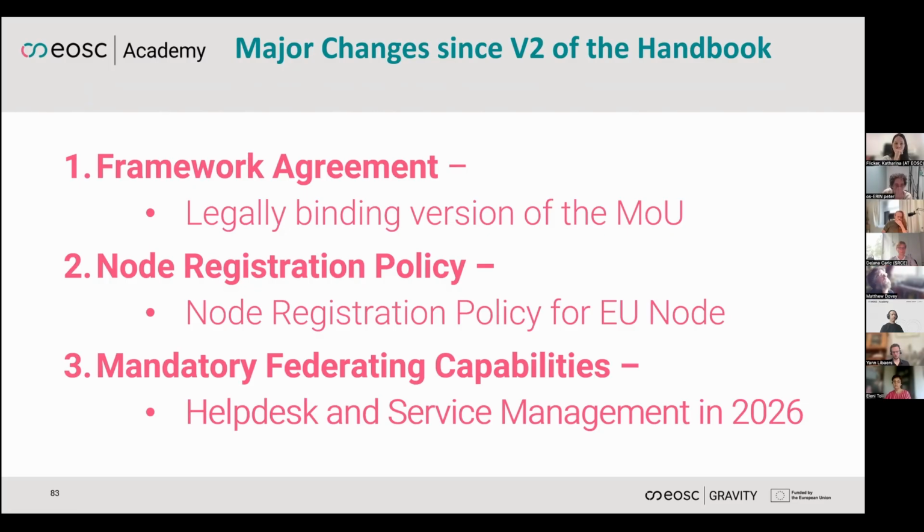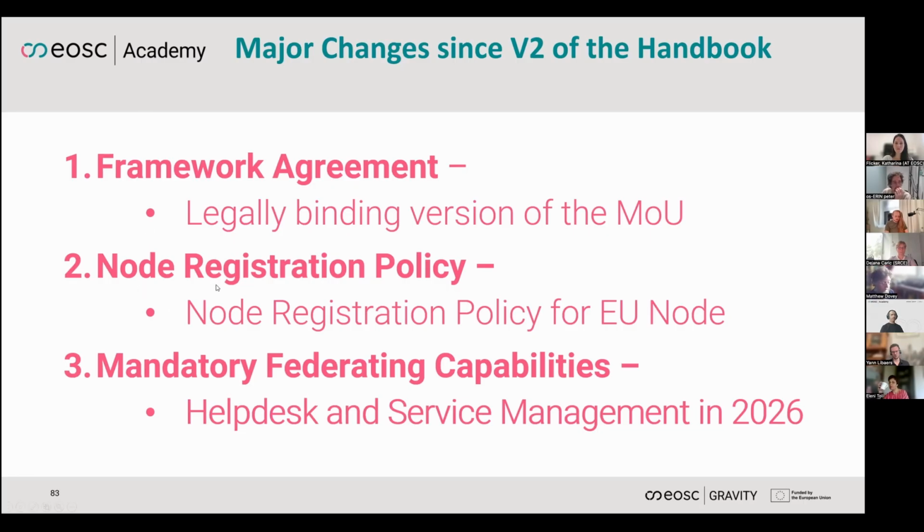From our understanding, and this was also requested at the EOSC Association meeting last week, the 2 documents should coexist, at least for the foreseeable future. The MOU will be the minimum requirement that will have to be signed, but you don't have to sign the legally binding version as well, at least not in the short term.